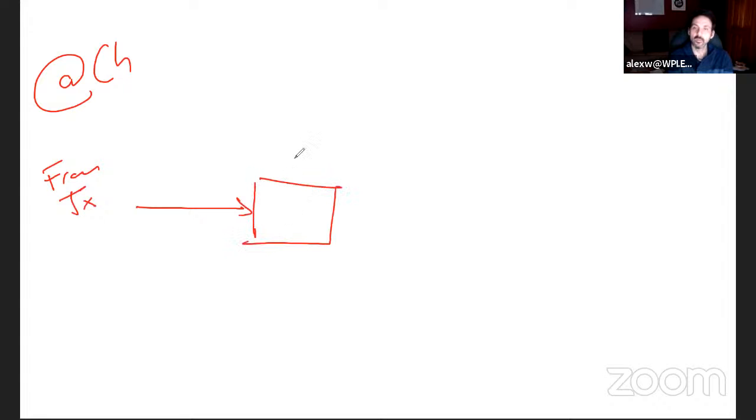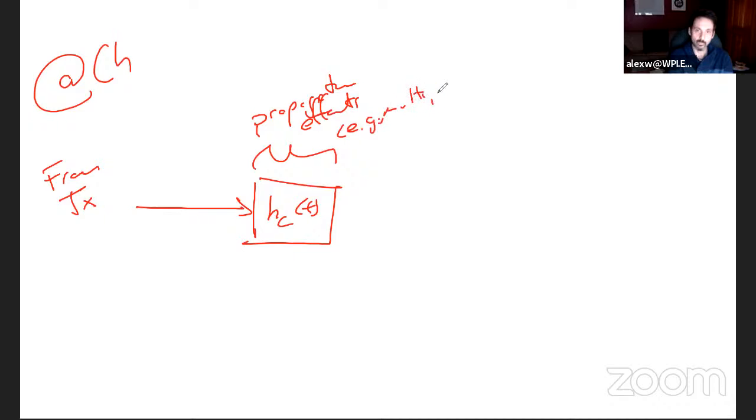From the TX, what happens? First of all, in the channel, as we saw, there are some sort of propagation effects. We also saw, even before that, there's also what I call a gain, but it's not a gain, it's a loss.